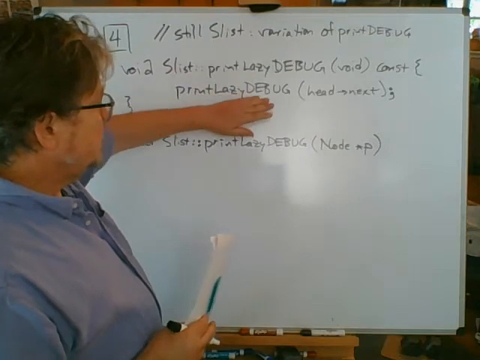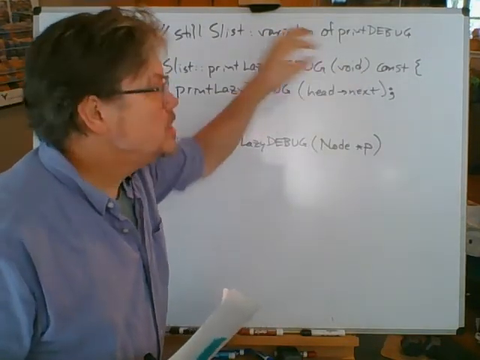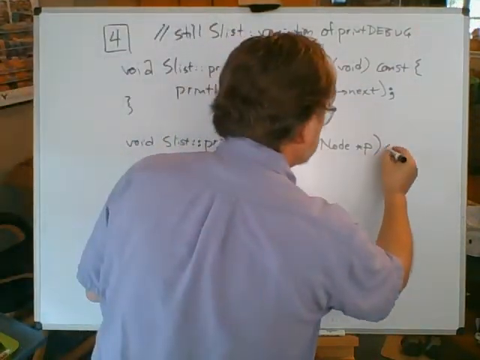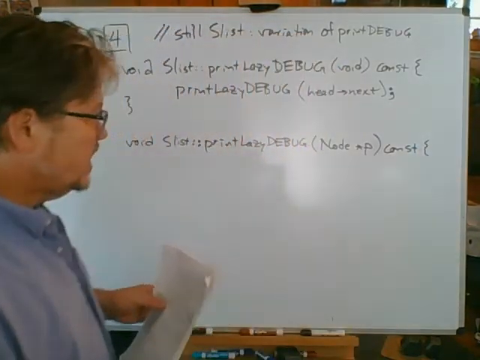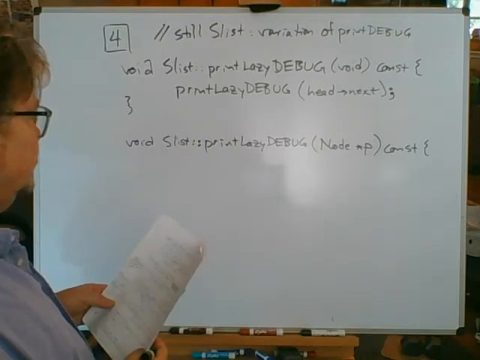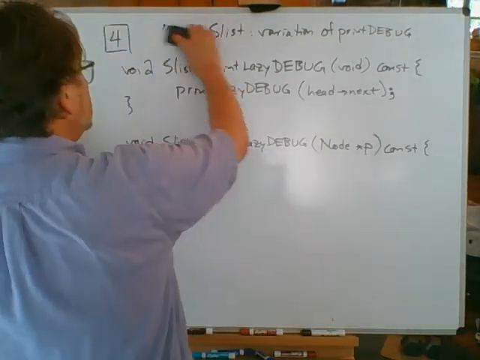You remember this. If this is an accessor, it can only call other accessors. So this also has to be an accessor, or it's a compiler error. Accessors cannot call mutators. Those are the rules. Well, you know what? Before I go any further, I'm going to erase this.